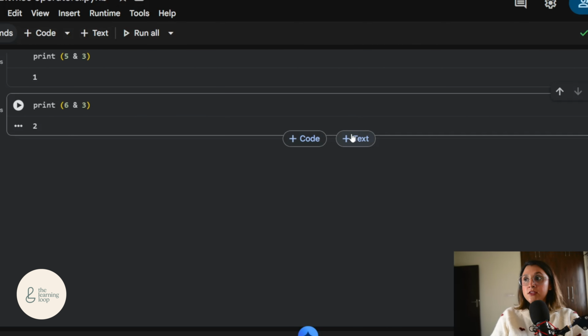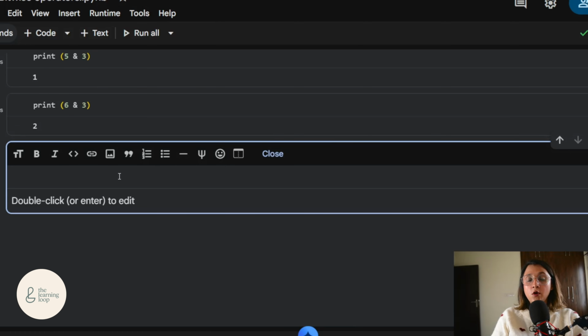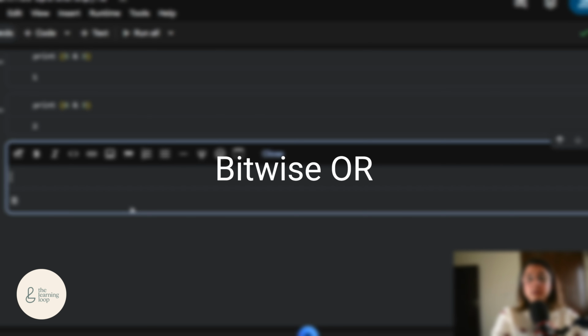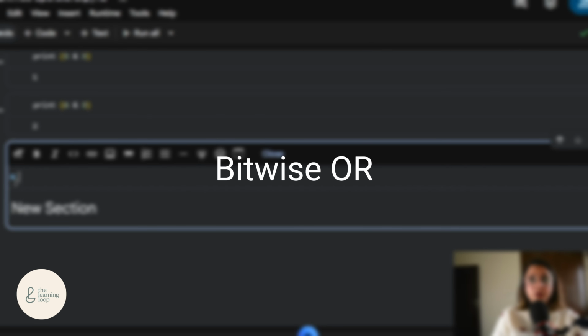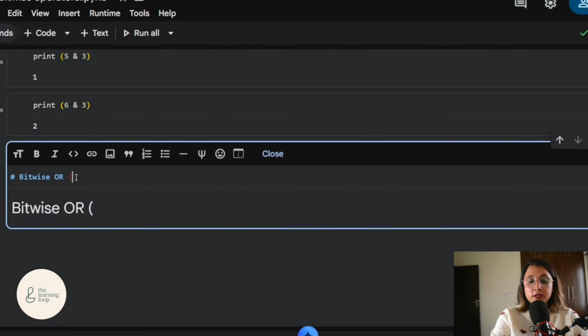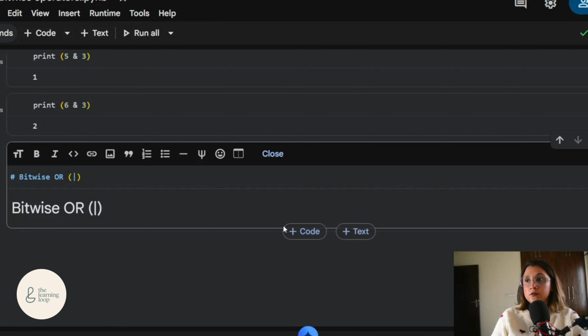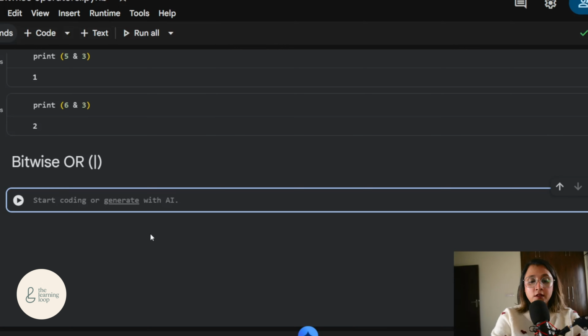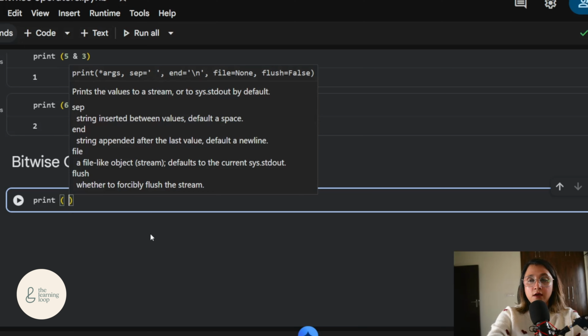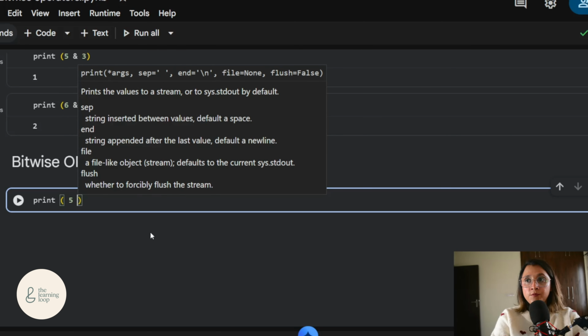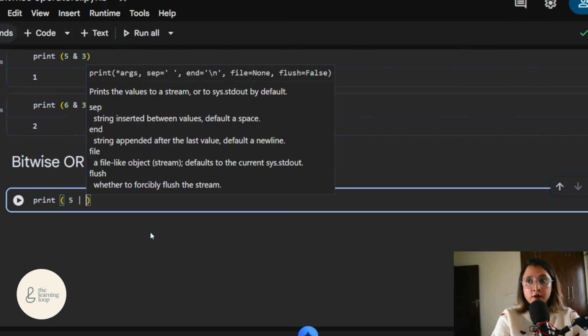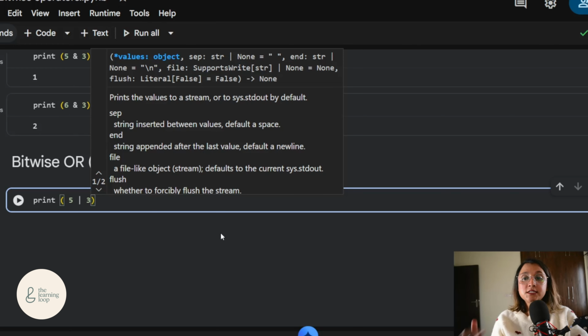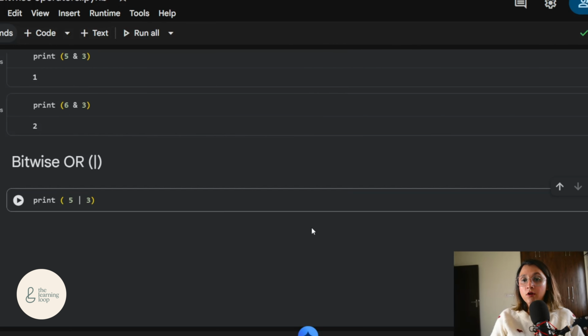Now let's take the next bitwise operator, that is bitwise OR. And bitwise OR is presented using the pipe symbol. So let's take an example. Let's take the same example that we have above, that is now would be 5 or 3. Now let's understand what OR does in the background.